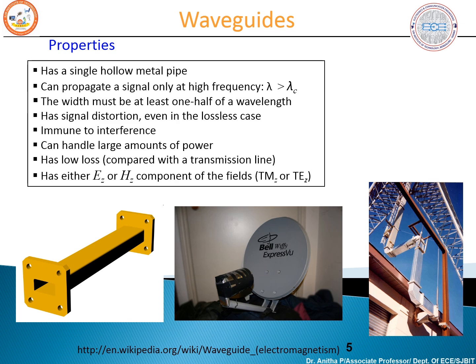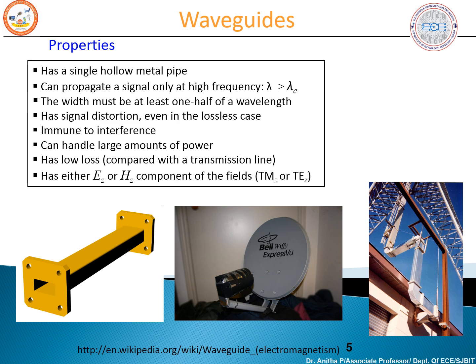Waveguides are hollow structures, a single metal pipe, and can propagate signals of high frequency. That means they have a cutoff frequency, and they allow signals greater than the cutoff frequency.